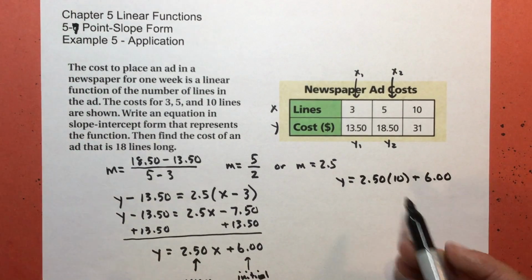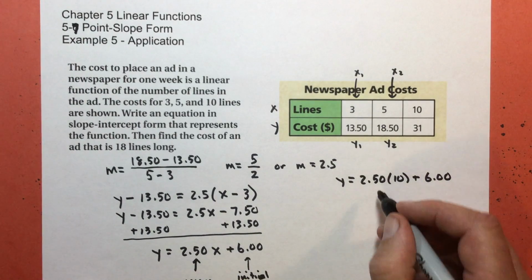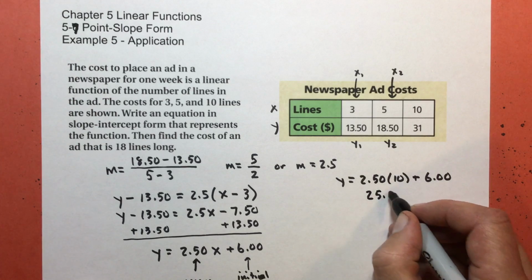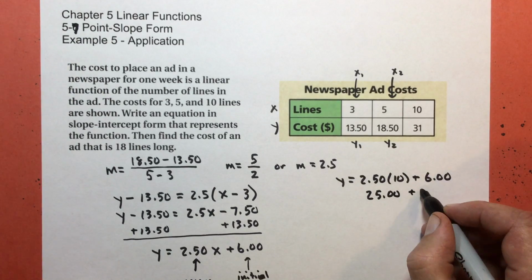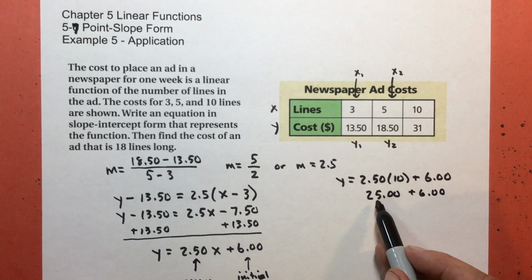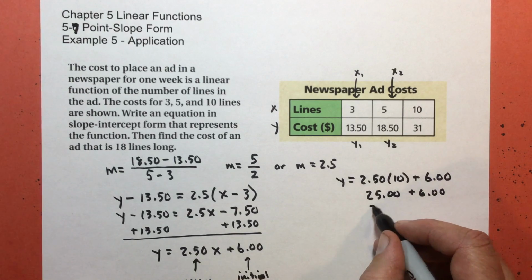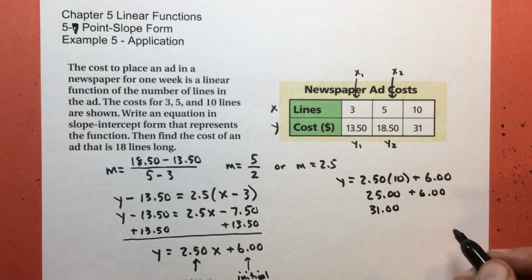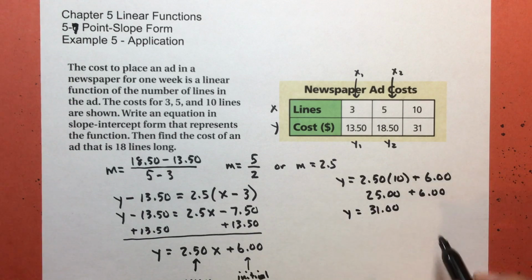All right. 2.50 times 10 is going to be $25. And $25 plus 6 equals $31. So yes, I'd have to pay $31 under this charging system.